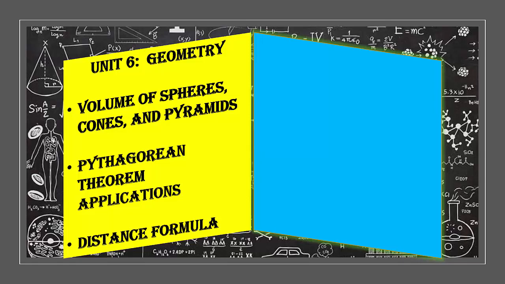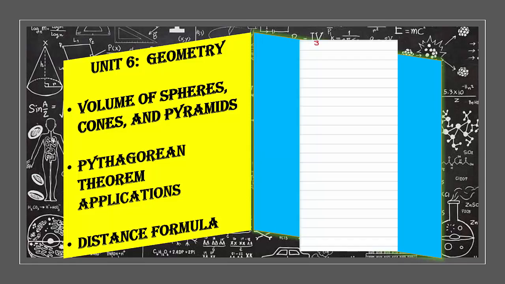Problem number 21. A sphere has a volume of 32 over 3 pi inches cubed. The length of the radius is reduced by a scale factor of 1/2. Well, again, we need to work back to our radius, so V is equal to 4/3 pi r cubed.